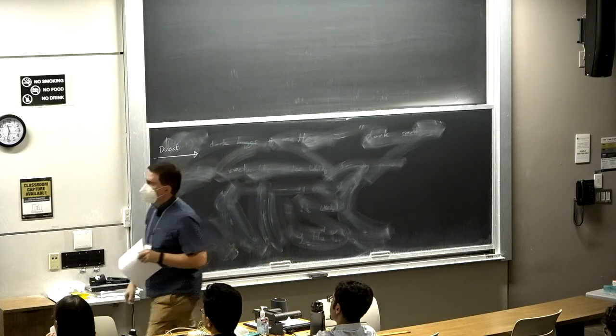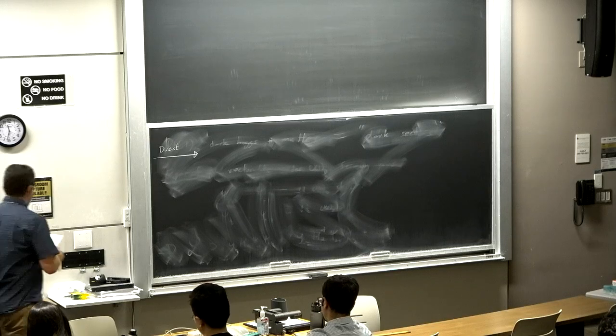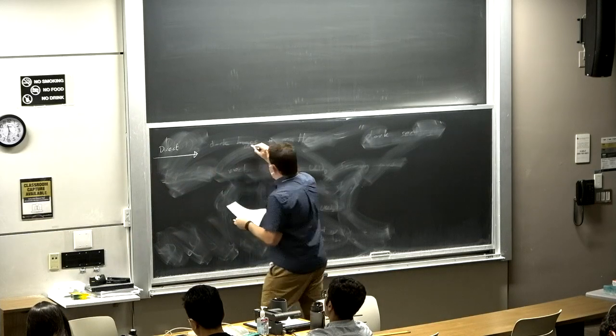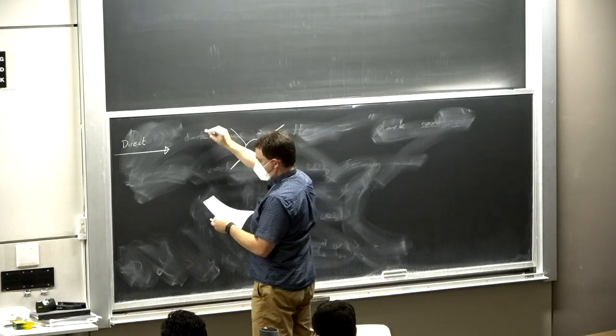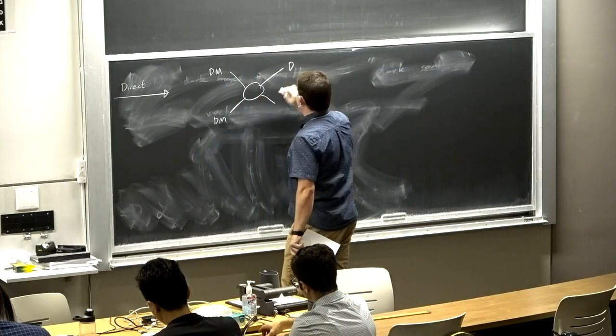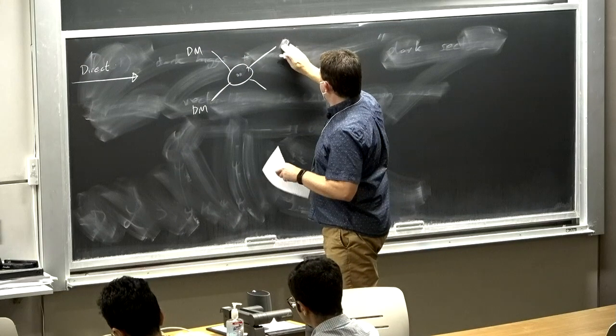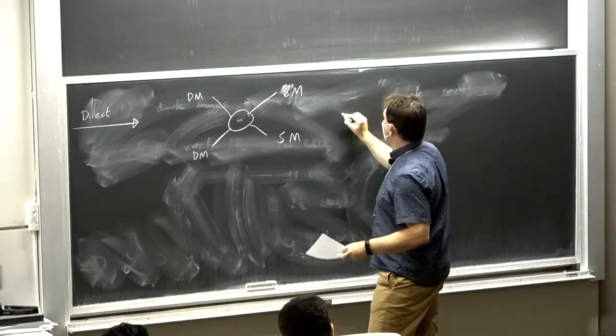DM goes to dark sector, dark sector. So in this case, this transfer is happening just directly in some primary interaction to the standard model, or variants.